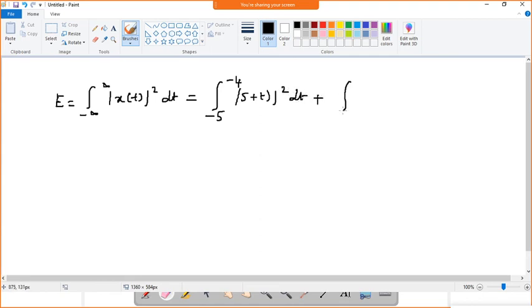Similarly from -4 to +4, the value is 1, that is 1 square dt, plus again from 4 to 5, it is 5 minus t whole square dt. Now find this total energy value, integrate it and do it.